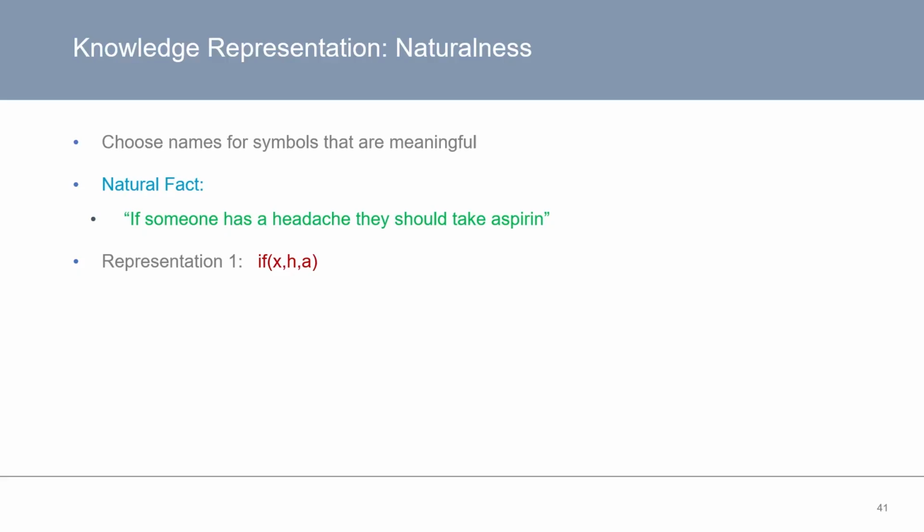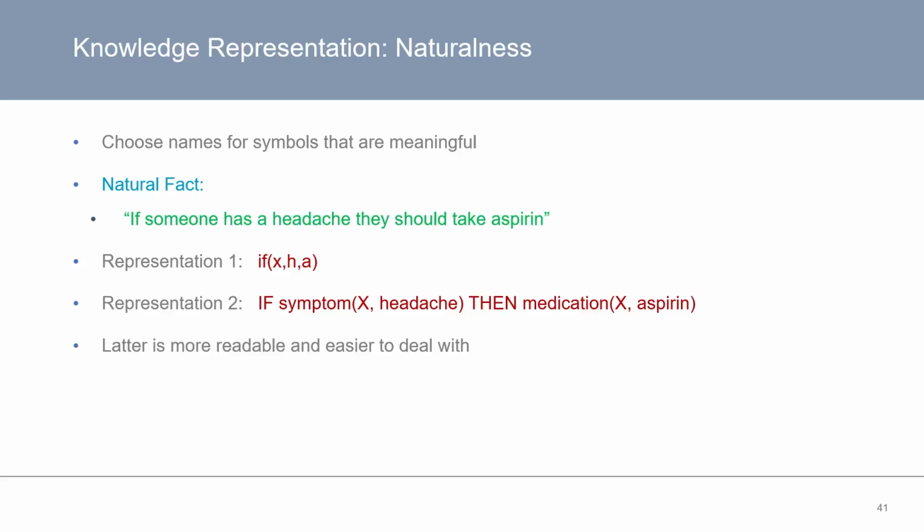While this is certainly compact and efficient, it might be more difficult for a human being to work with in practice than some alternatives. For example, in representation 2, we capture the same statement with the simple structure if symptom(x, headache), then medication(x, aspirin). Both of these representations could be a formal language interpretation of the natural language statement in green. However, the latter of the two is arguably more readable and easier for human beings to deal with depending on the use case.